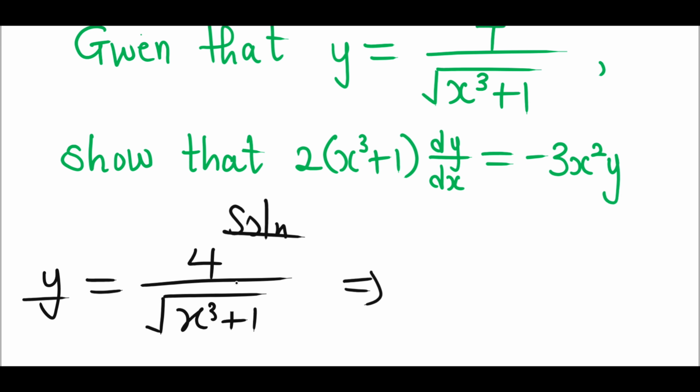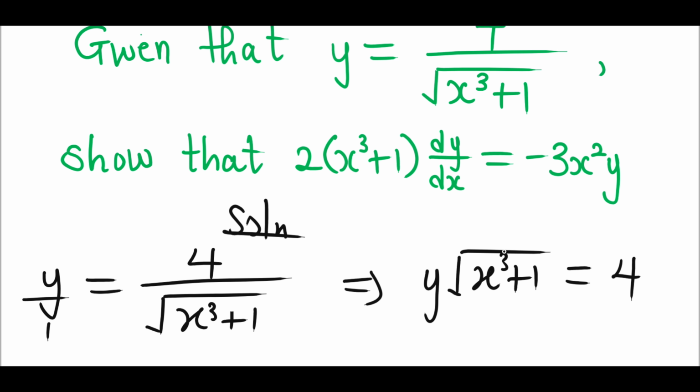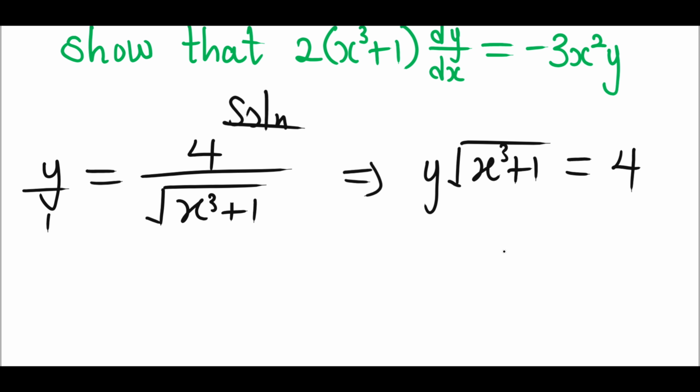So I have y divided by 1. When I cross multiply, I get y multiplying the square root of x cubed plus 1, then 1 multiplies 4, and that will be equal to 4. So this becomes my new function.